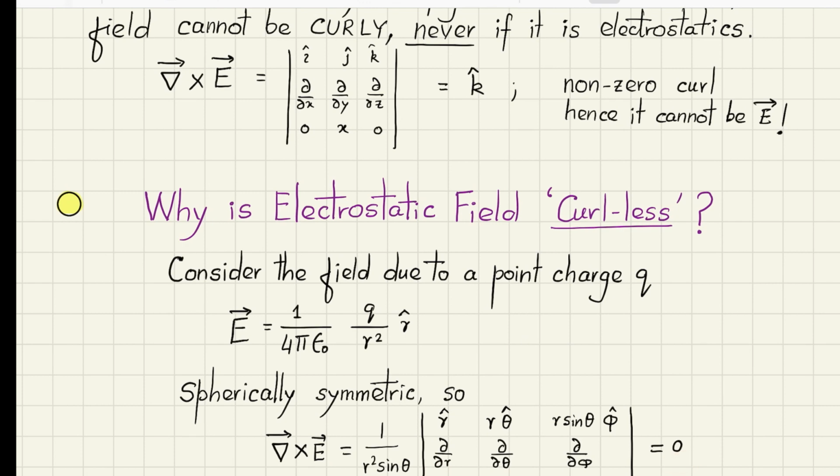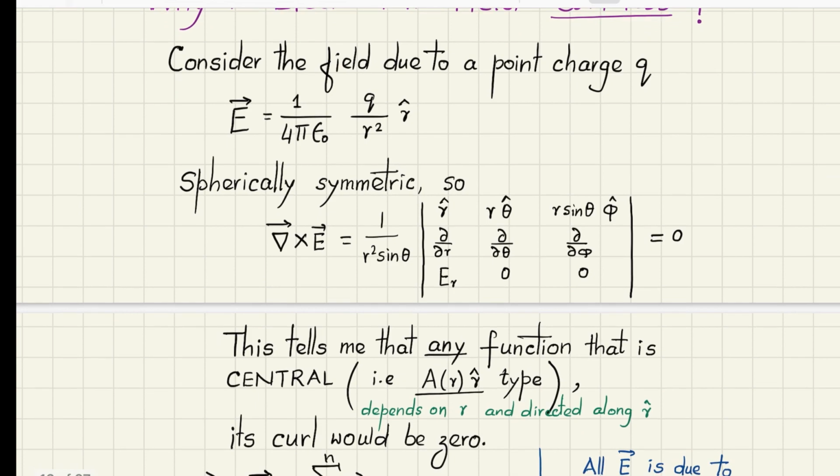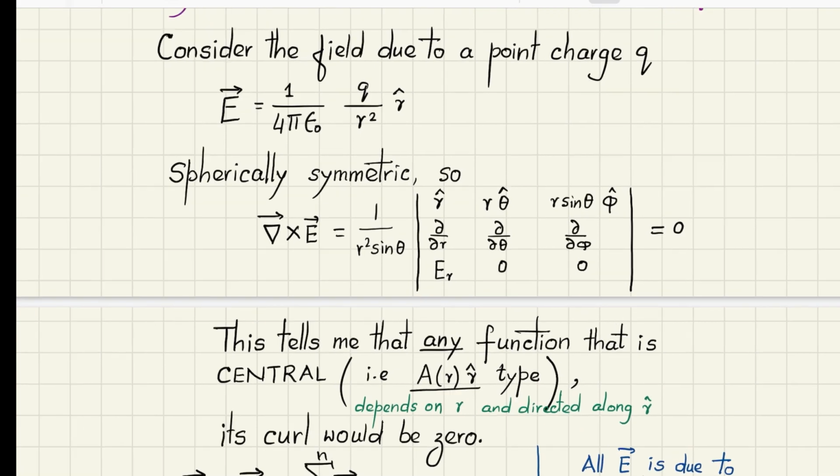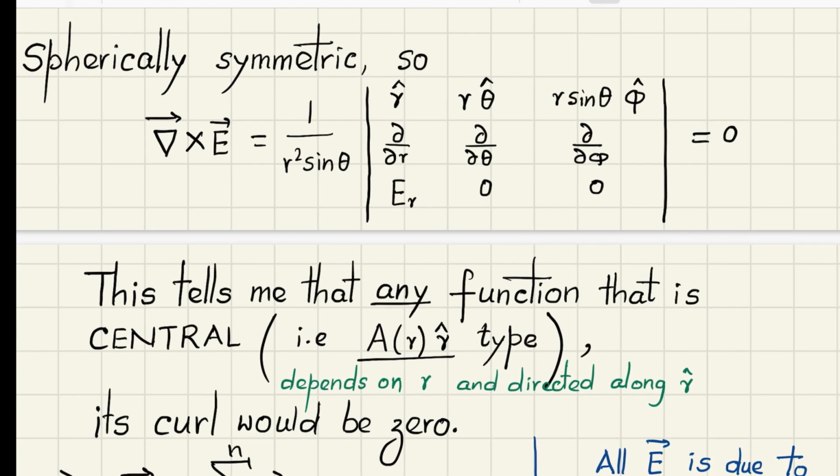This is something you studied in the last course: any function that is central, meaning its magnitude depends only on r and it is directed along r, has curl 0. That is what you talked about in the last course as conservative forces.